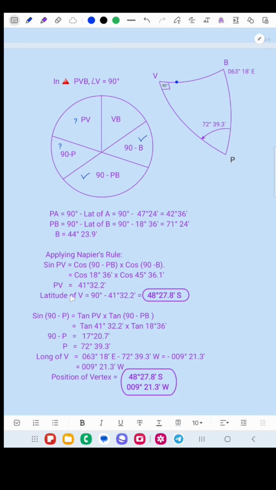It will go to the west side. So 009 degrees 21.3 west.